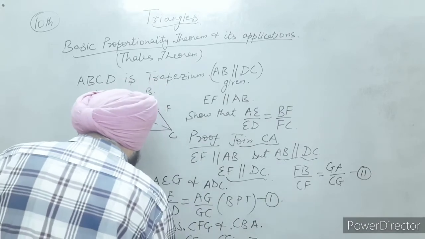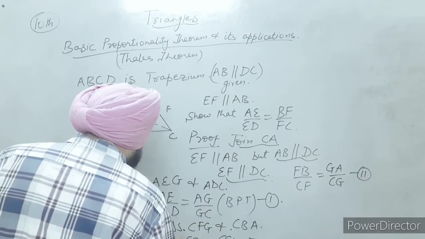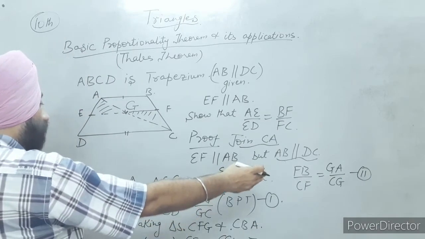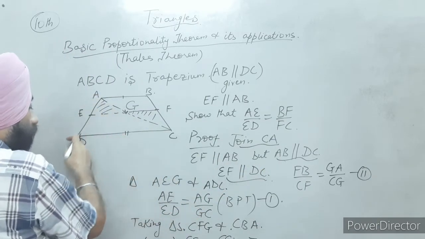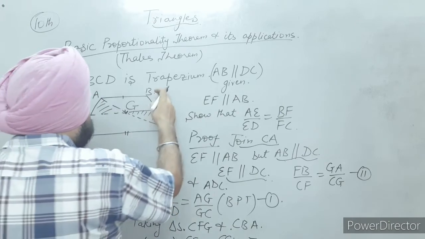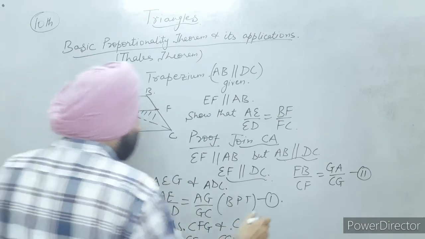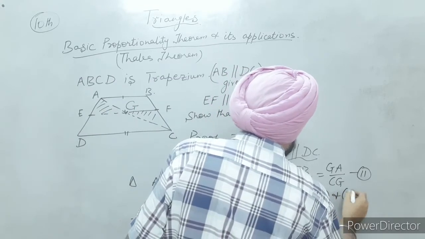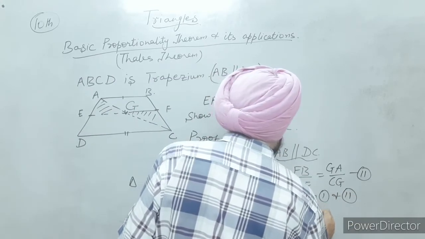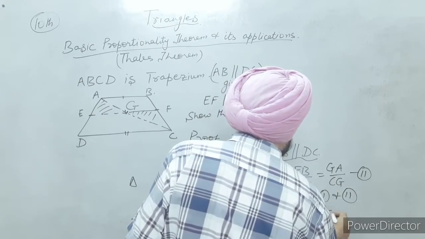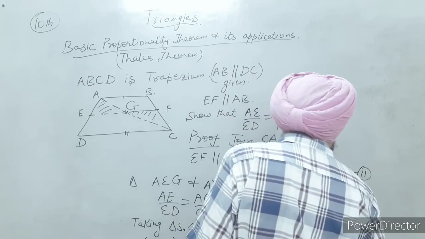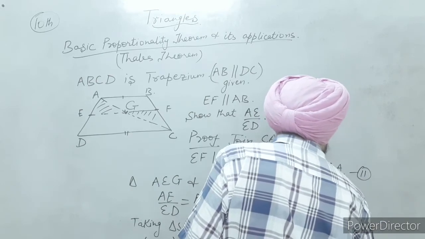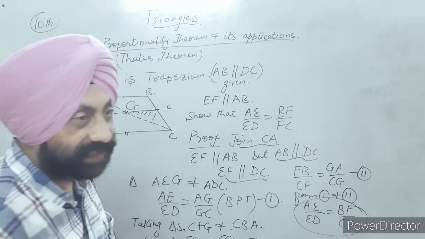Again, I've used basic proportionality theorem over here. So from first and second, it is clear AE upon ED is equal to FB upon FC. From first and second, AE upon ED is equal to BF upon CF. Hence proved. This is the second application.